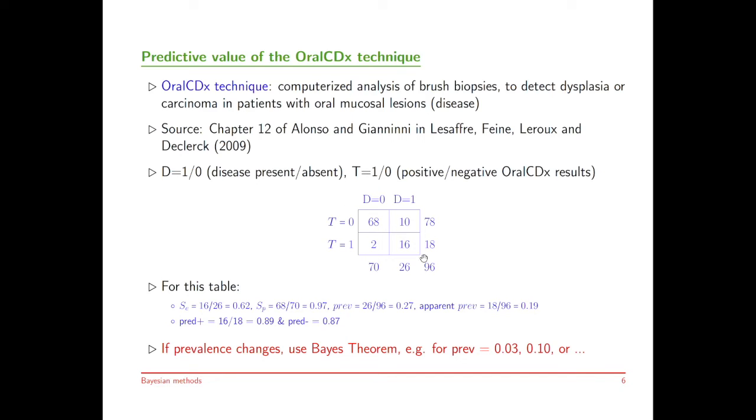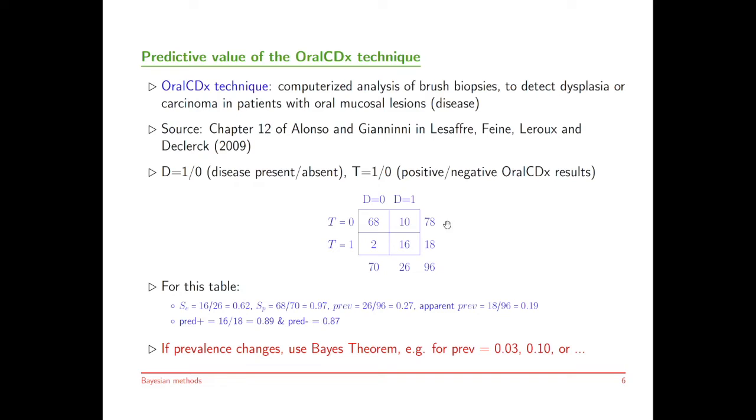The diagnostic table can be found here, and from that table we can read off the specificity in a vertical manner, the sensitivity in a vertical manner, and also we can obtain the prevalence, which is just 26 divided by 96.